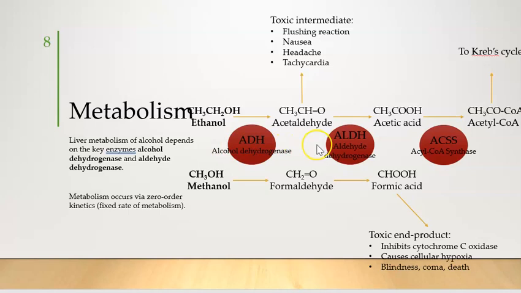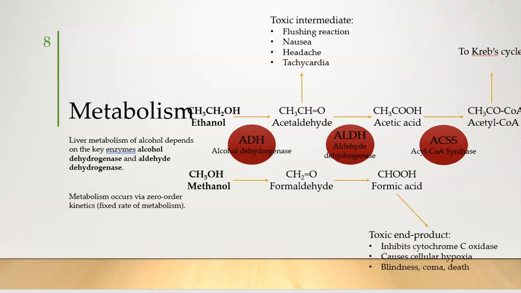It will then be broken down by aldehyde dehydrogenase, or ALDH. And that's kind of the end of the system for methanol. But in ethanol, it then gets converted into new things by acetyl-CoA synthase, which then goes to the Krebs cycle.